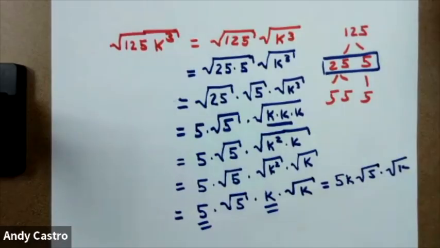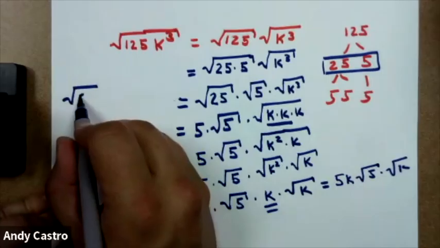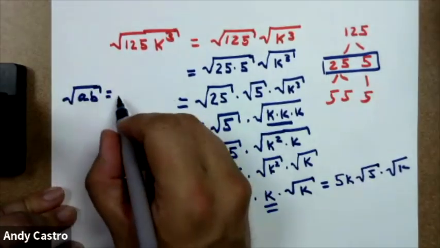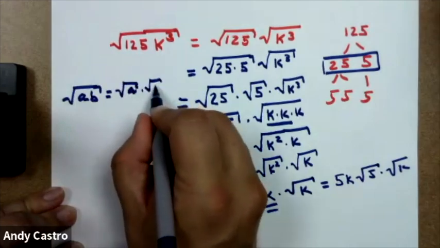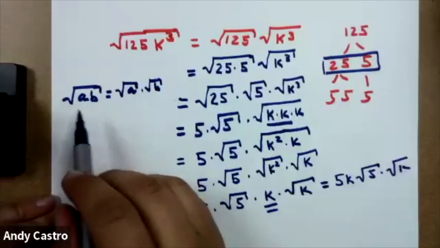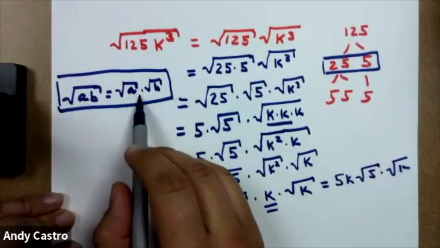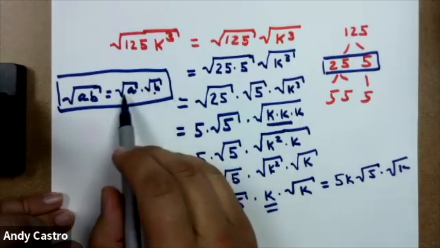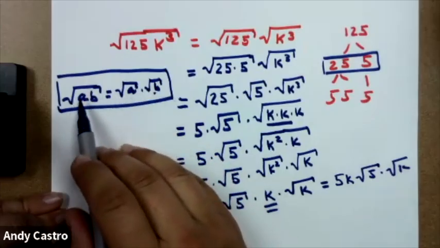Now, if you remember the rule that we looked at earlier, the root of a times b is the same as the root of a times the root of b. Okay? So things can happen in the reverse. If I have the root of a times the root of b, if I'm multiplying two roots together, the same type of roots, in this case both squared, I can put it under the same radical.